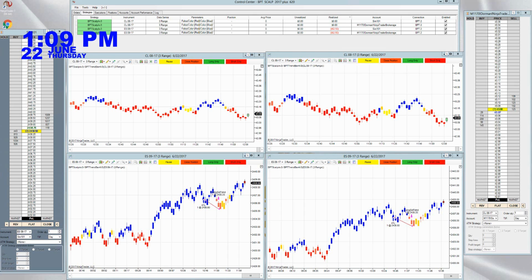While we are waiting on a trade from the CL, I want to explain a little bit about management. In scalping, you cannot use a 10 tick stop loss and a 10 tick target. If you want to use a 10 tick stop loss, you have to have at least a 20 tick target, I'm sorry.